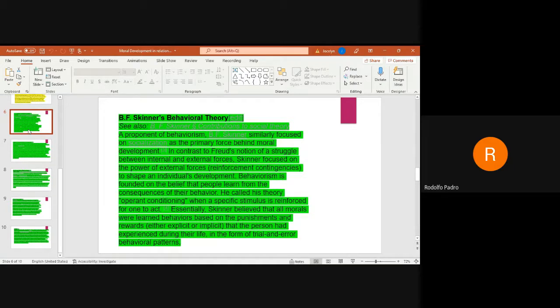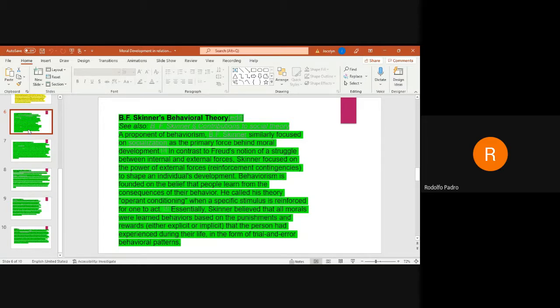Meaning, people will get motivated to do what is morally right because they are afraid of punishment. The moment a person performs something immoral, the person will get punished. Skinner believed that all morals were learned behaviors based on punishment and rewards.